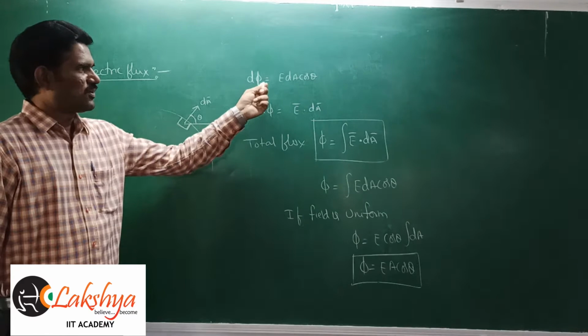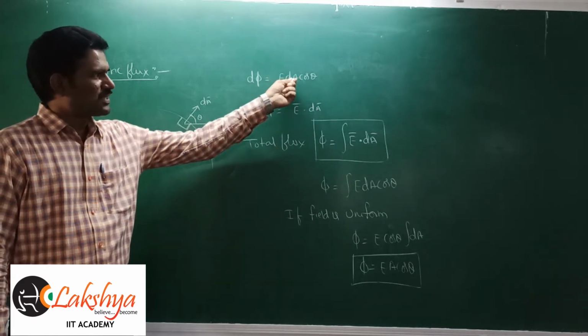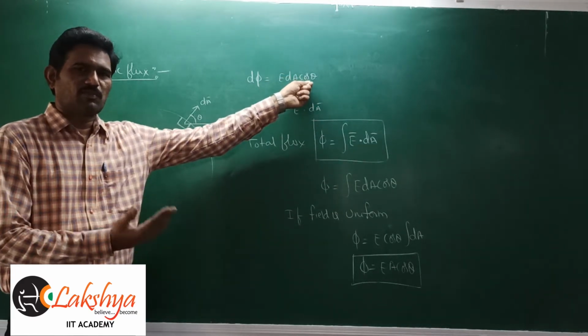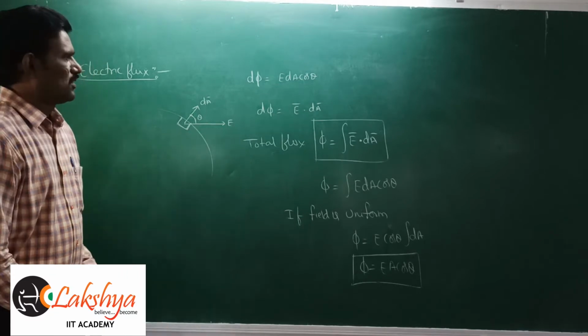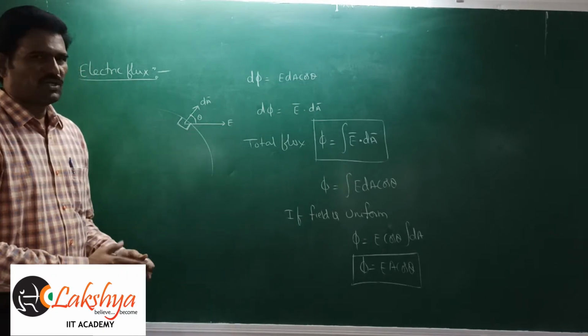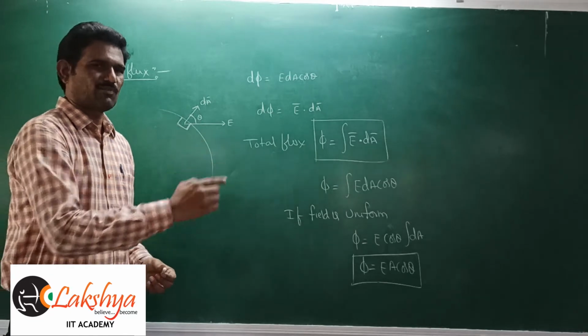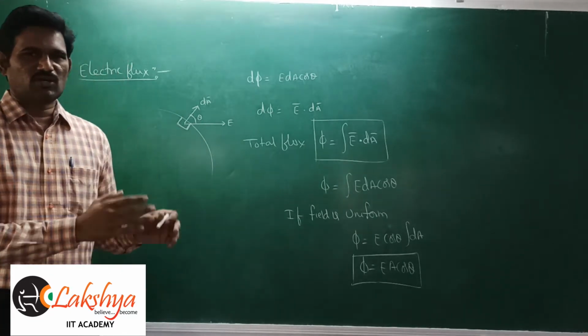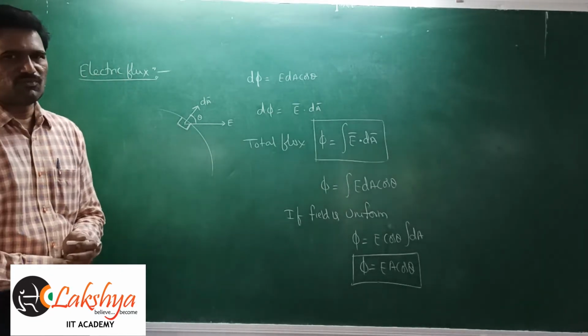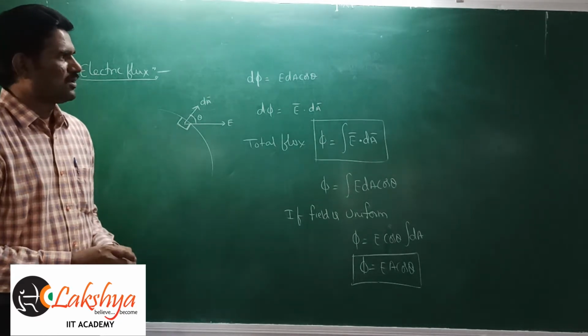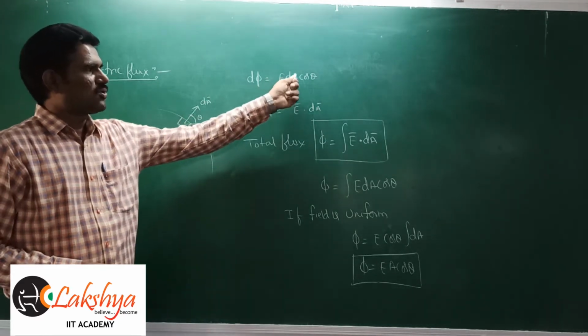That is, d phi is equal to E into dA cos theta, which is nothing but the area perpendicular to the field. Because we are defining that only the lines of force passing normal to that area are counted, I am taking the projection of that area.